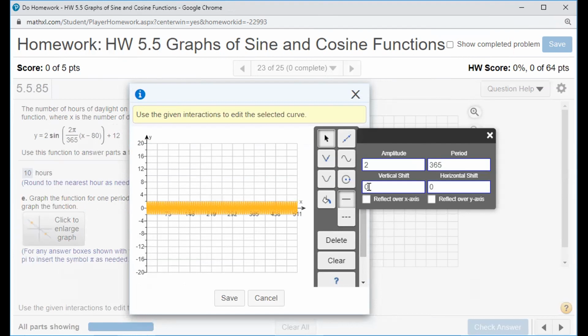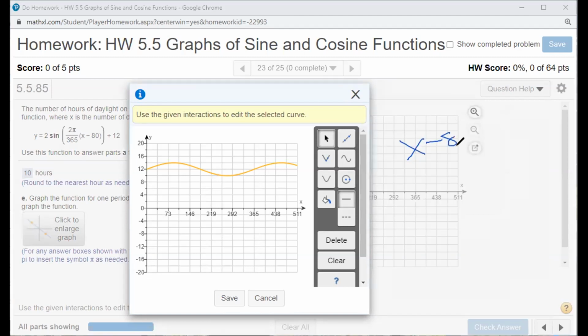The vertical shift, remember, that's the number that's being added or subtracted at the end. So that was the vertical shift, 12. The horizontal shift, how we get that is whatever's in the parentheses. In this case, the parentheses is x minus 80. If we set x minus 80 equal to 0 and add 80 to both sides, we get x is equal to 80 as our phase shift.